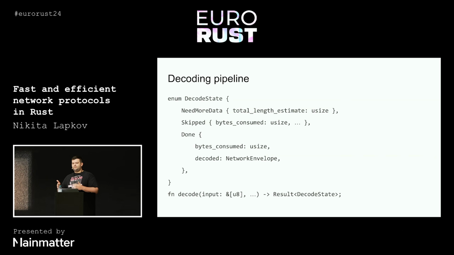It is very common for systems that try to decode a message from the network, and it doesn't match the schema which was defined beforehand, to just kill the connection, exit, abort, and say that, hey, this is an unrecoverable error.